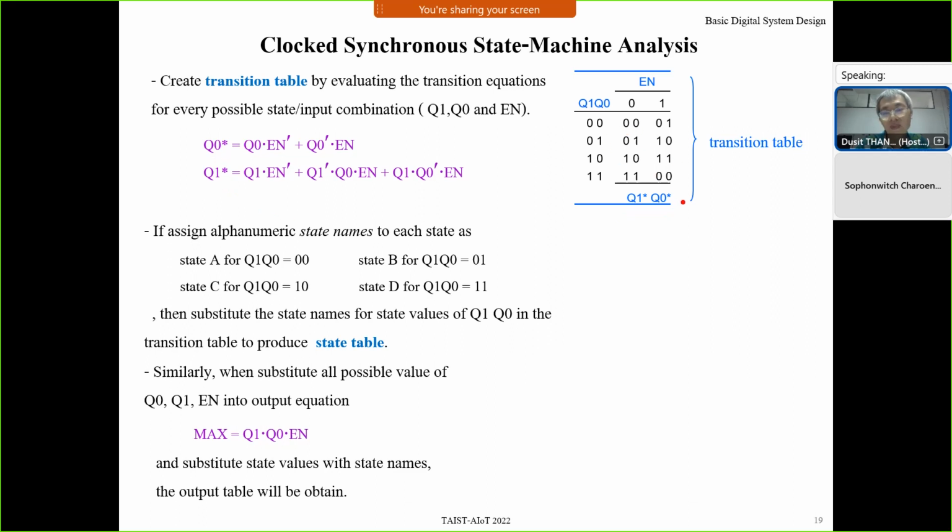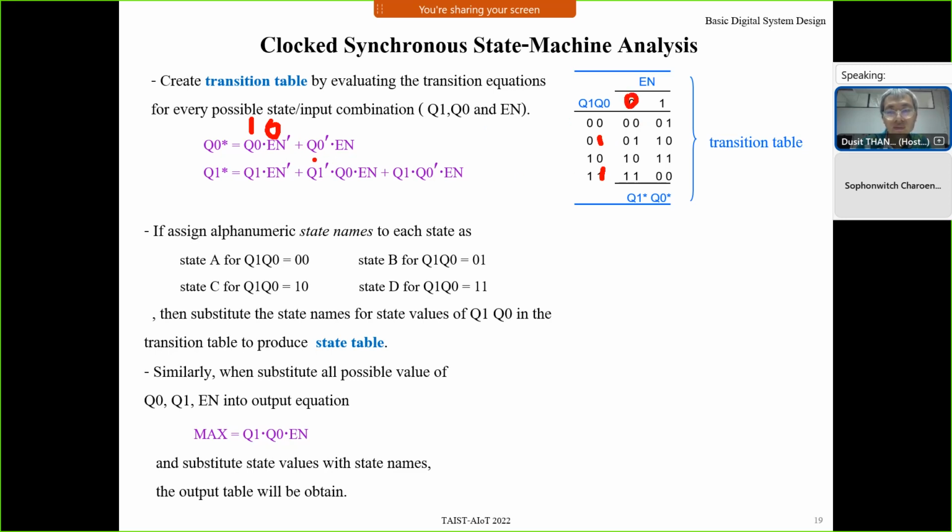Or to make it faster, as you know from the previous lecture, Q0 star will be 1 when this term is 1, or this term is 1. This term will be 1 when Q0 is 1, EN is 0, so you just find the column or row where Q0 is 1 and EN is 0.